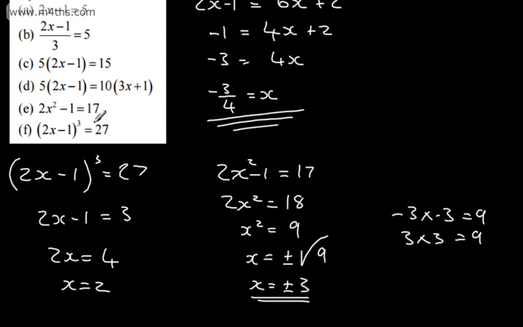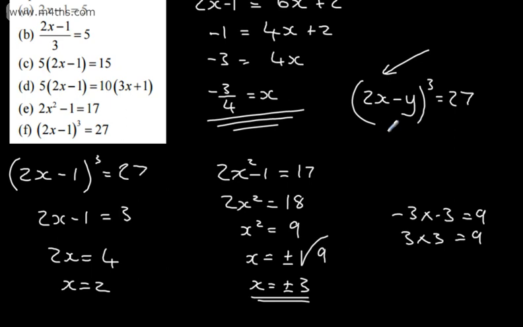Now let's look at this if this was actually now 2x minus y. So 2x minus y all cubed is equal to 27. At this stage, if I wanted to make x the subject of the equation, so I wanted to express x in terms of y, which could just be y and a few numbers, or it could just be y, we would do exactly the same.